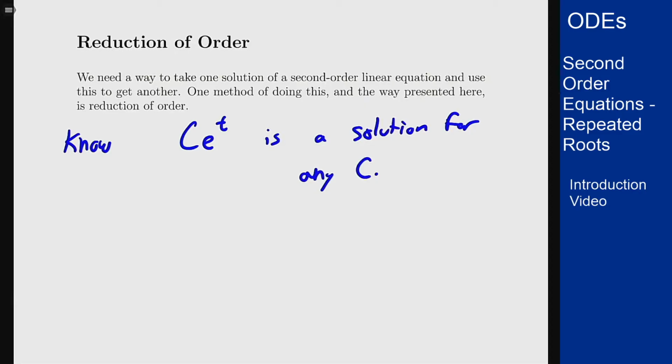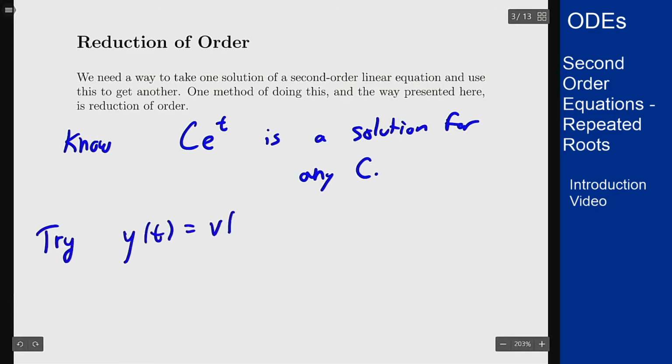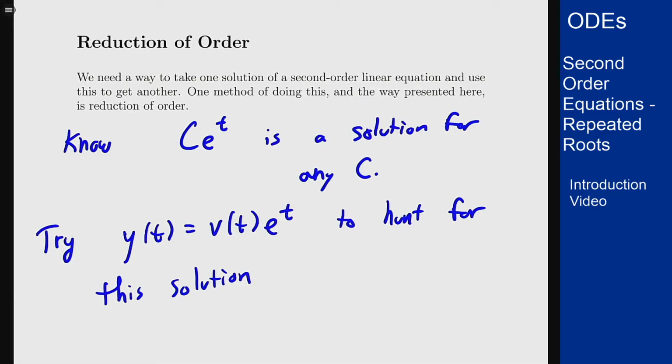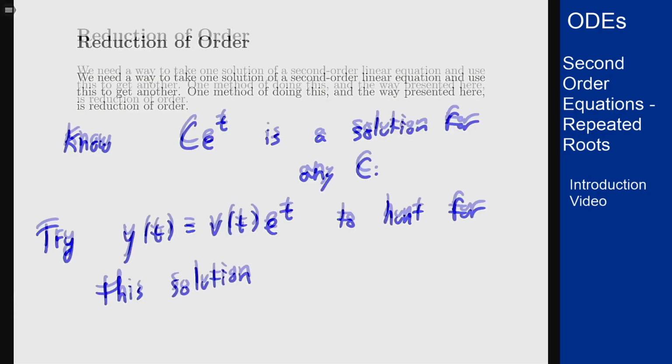Now, if I want to solve for the other solution, I'm going to try plugging in y as some unknown function v of t times e to the t to hunt for the solution. We're going to plug this into the differential equation and try to get to an equation that v of t will satisfy.